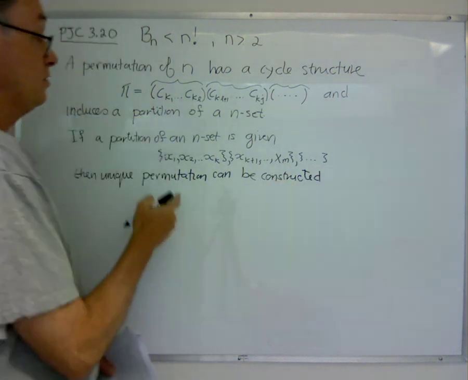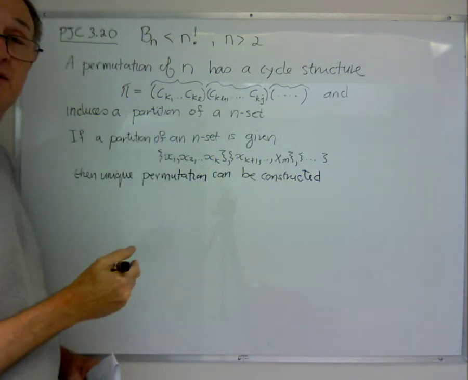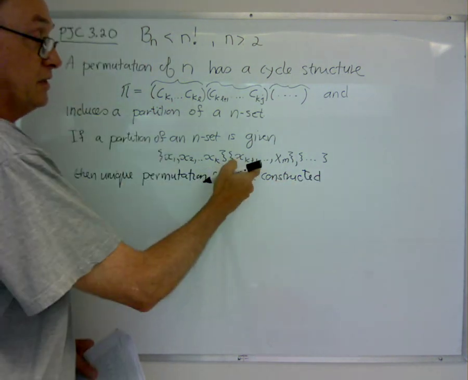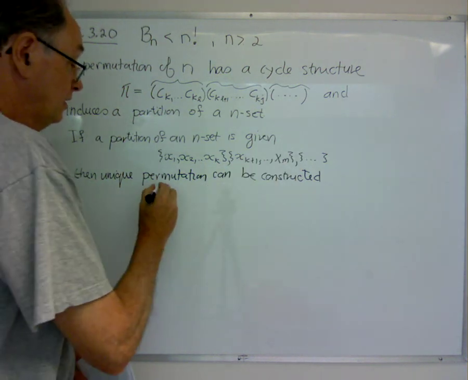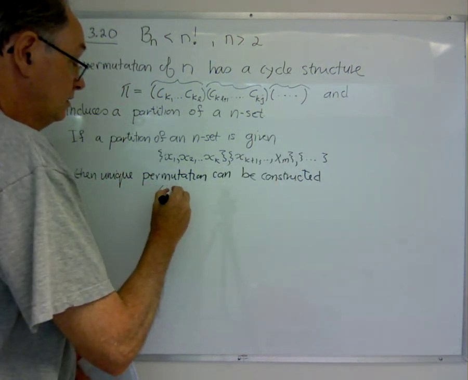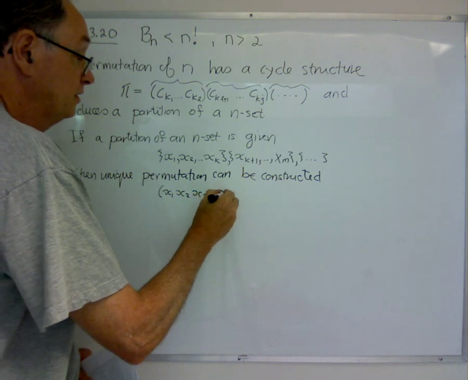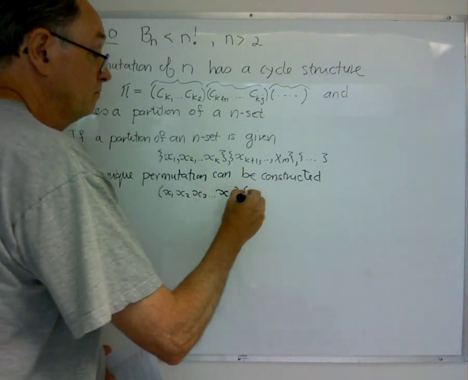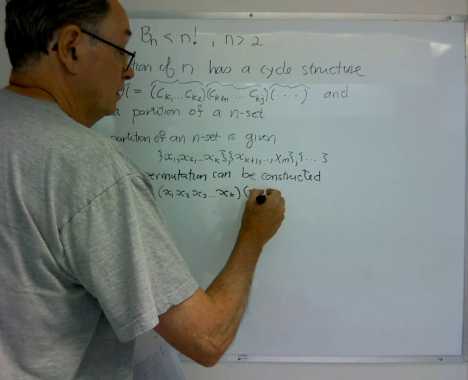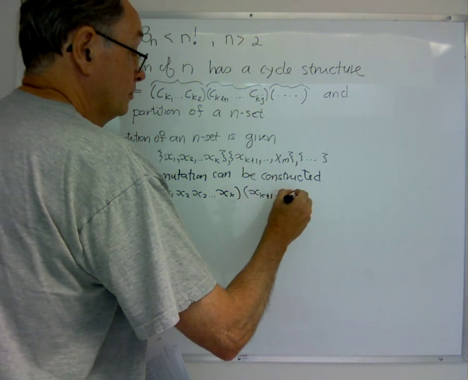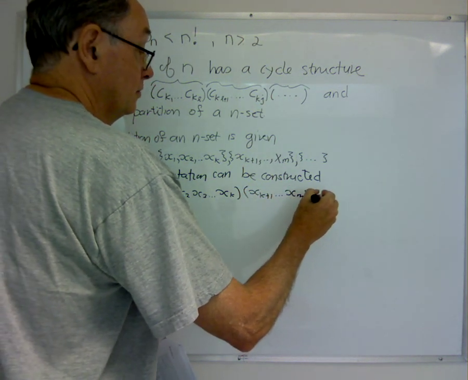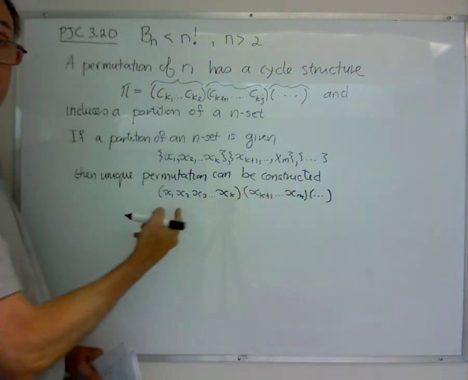And the way you do it is you look at this first part and the second part and the third part, and you turn them into the cycles of the permutation. Right, and here are now the cycles in the permutation.